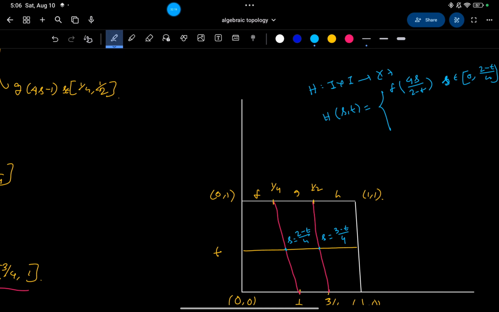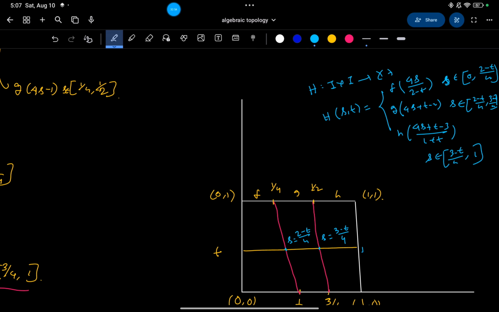So it will be just like G of 4S plus T minus 2, where S belongs to 2 minus T by 4 to 3 minus T by 4. And H is nothing but 4S plus T minus 3 by 1 plus T, where S belongs to 3 minus T by 4 to 1.